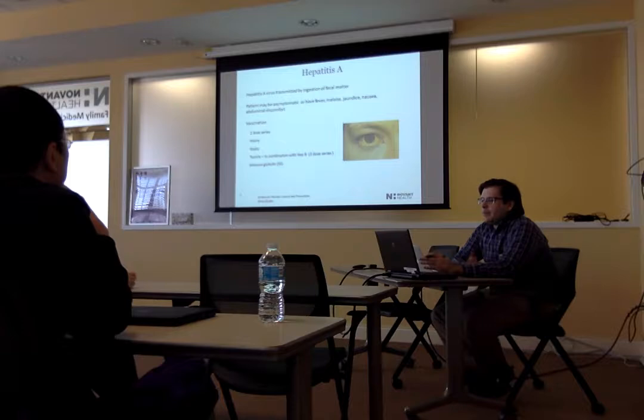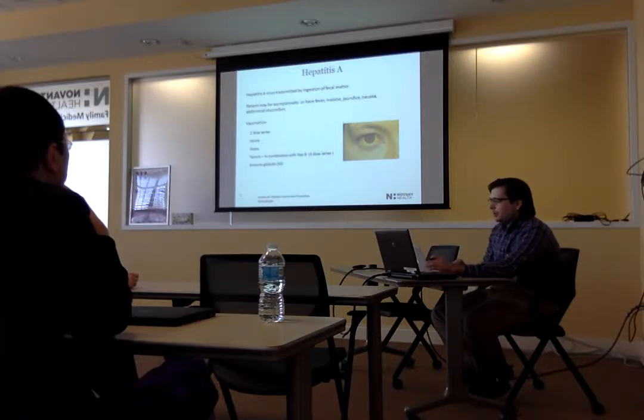Patients may be asymptomatic, or they may have these symptoms of fever, malaise, jaundice, nausea, and abdominal discomfort. Treatment involves rest, hydration, and we do have vaccination as well, obviously. It's a 2-dose series. There's the Havrix, the Vaqta, and then the Twinrix, which is a combination with Hep B. It's a 3-dose series. And there's immunoglobulin as well.